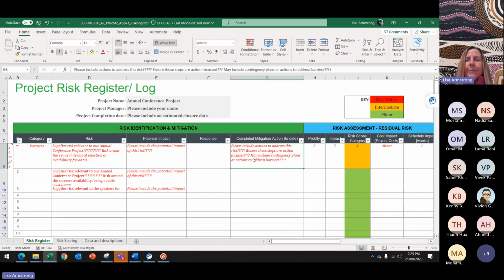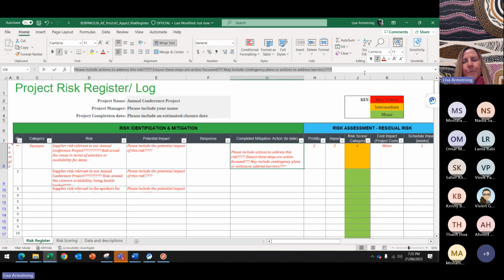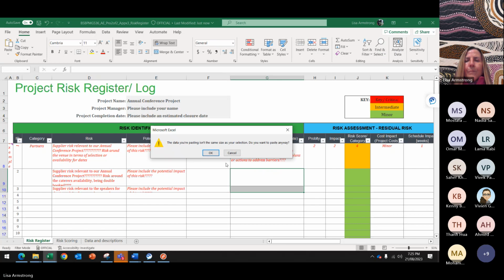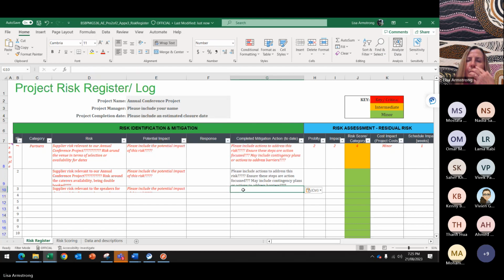And basically do that for each. And of course, your probability and impact to get your risk score.